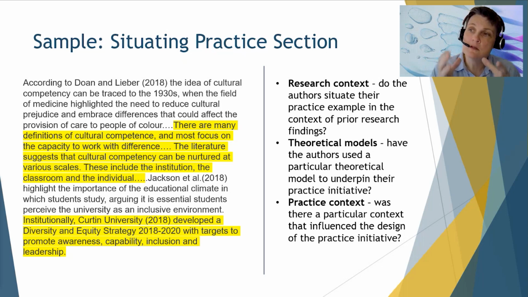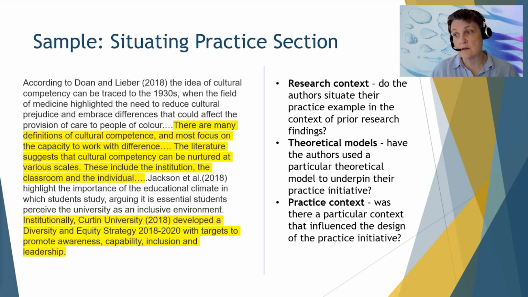So you can see here just in this short excerpt that the authors again are doing the situating around practice at multiple layers. They're situating it in the context of the literature and the different approaches around cultural competence, and they're being really specific about which particular approaches they want to pick up.